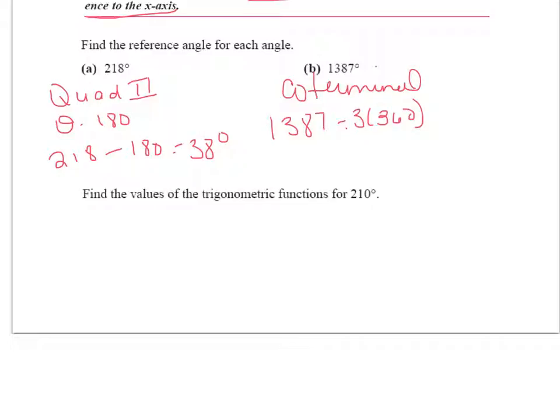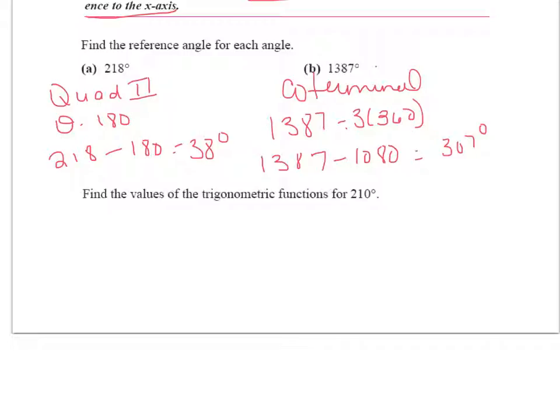So 3 times 360 is going to be 1080. So we have 1,387 minus 1080 equals 307 degrees. So that's our coterminal angle.